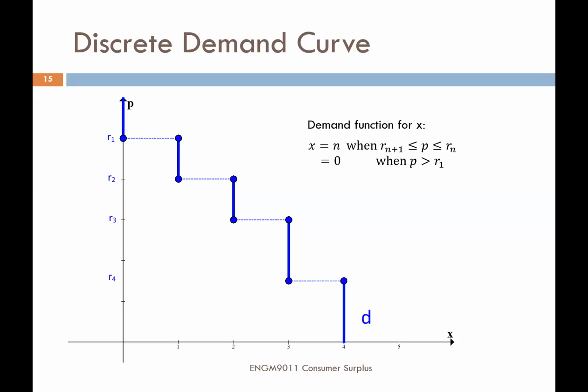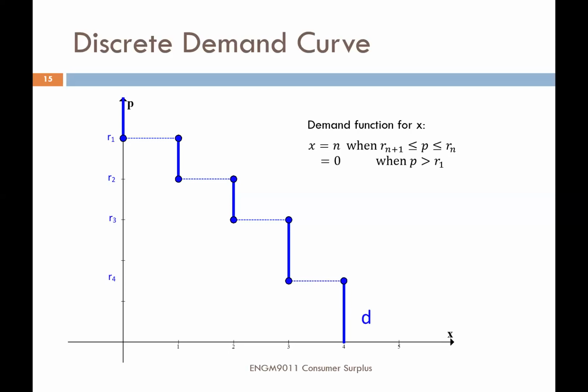Now I wrote the demand function for X here. You can see X is equal to N when the price of good X is between the reservation price Rn and the reservation price Rn plus 1. So for example, if N is equal to 1, quantity demanded is equal to 1 when the price is between R1 and R2. You can see that on the diagram here.